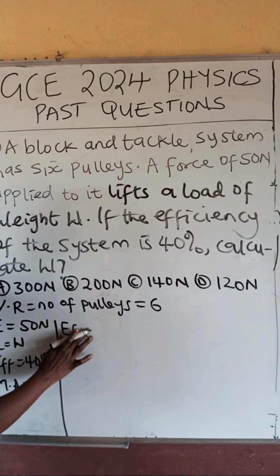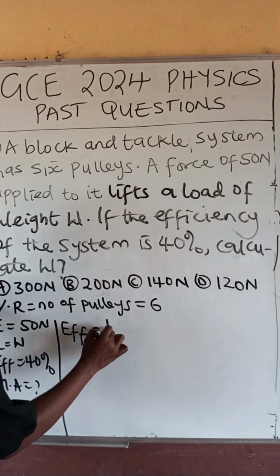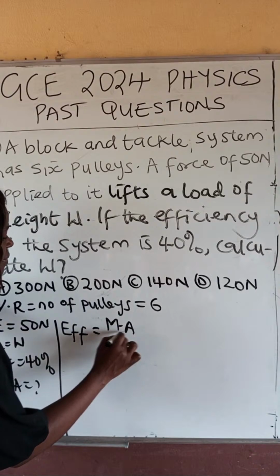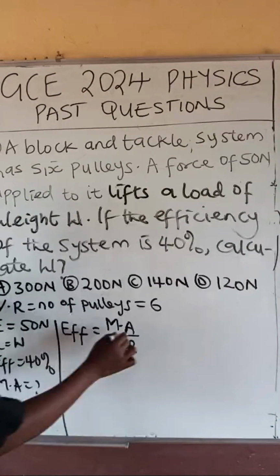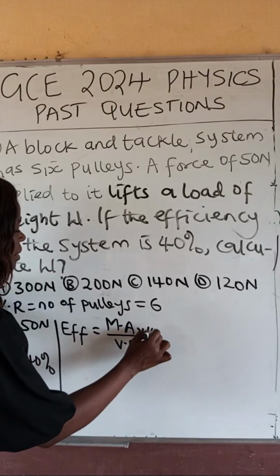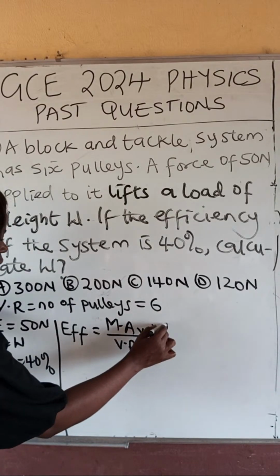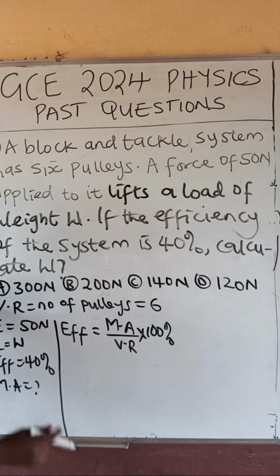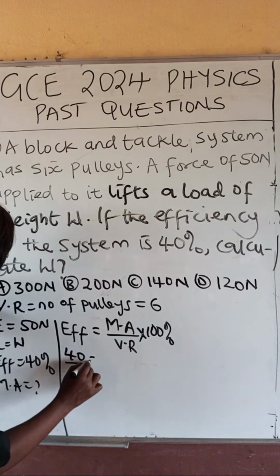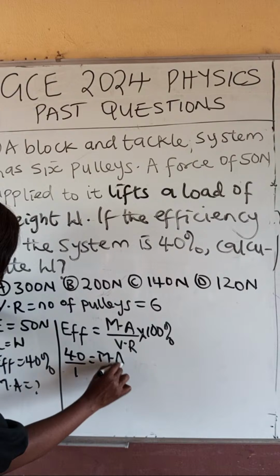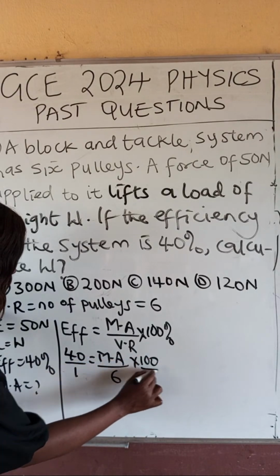Efficiency of a machine is equal to the mechanical advantage over the velocity ratio, multiplied by 100%. My efficiency is 40 over 1, equal to MA over 6, then multiply by 100 over 1.